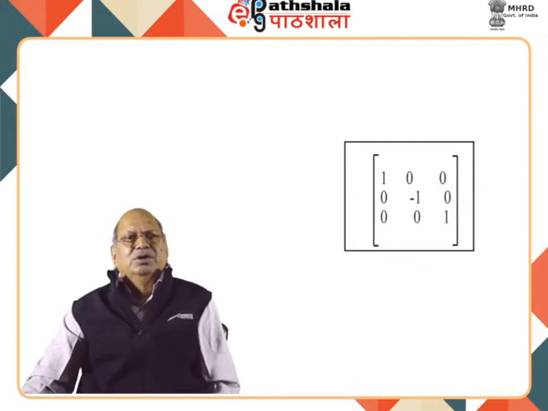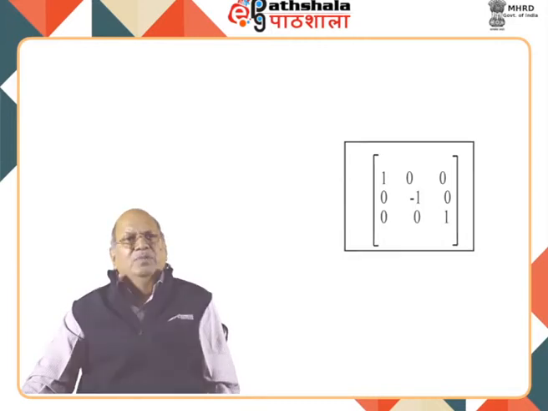In matrix form these equations can be written as shown. Therefore the matrix for the sigma xz operation is 1 0 0, 0 minus 1 0, 0 0 1.